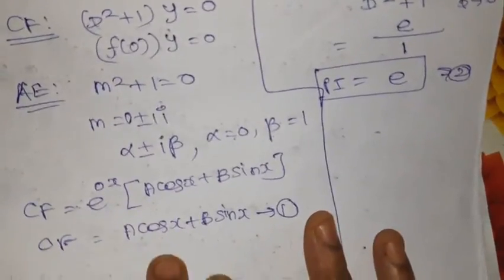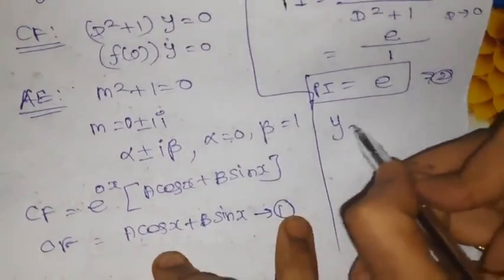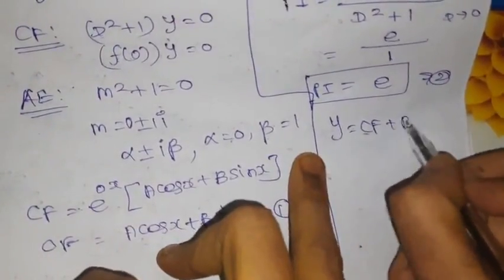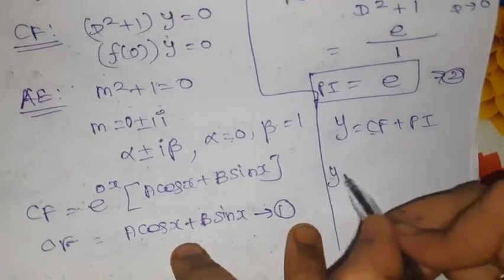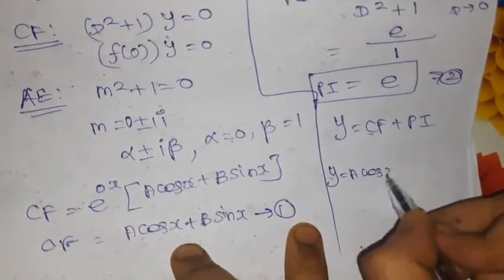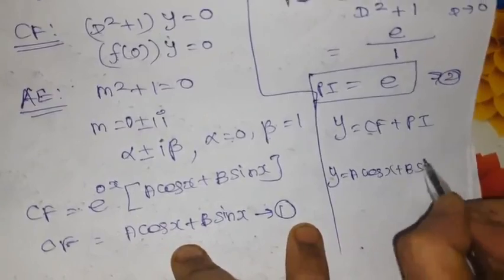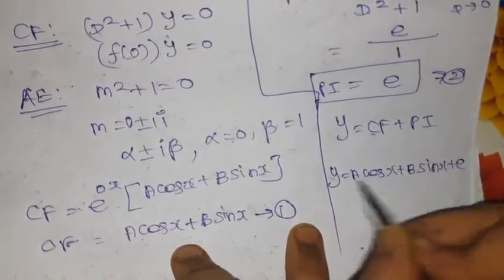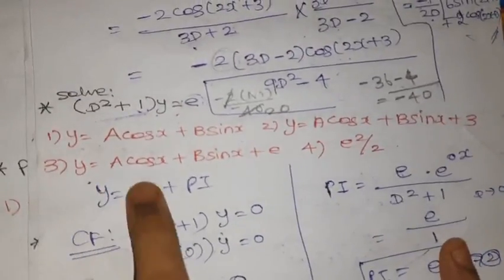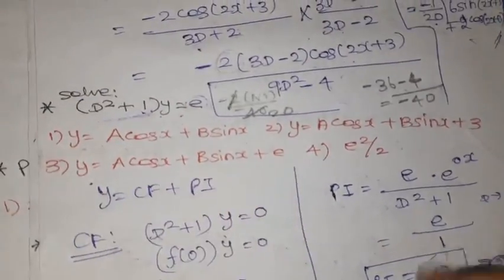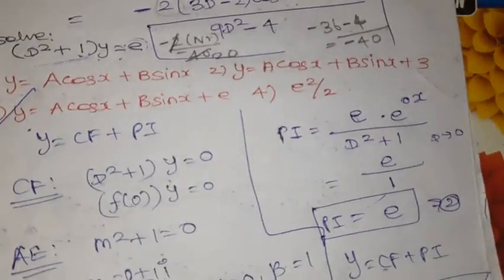So y equal to complementary function plus particular integral, CF plus PI. So y equal to a cos x plus b sin x plus e. This is the solution for this differential equation. Whenever an e term comes, no need to panic or get stuck on this.